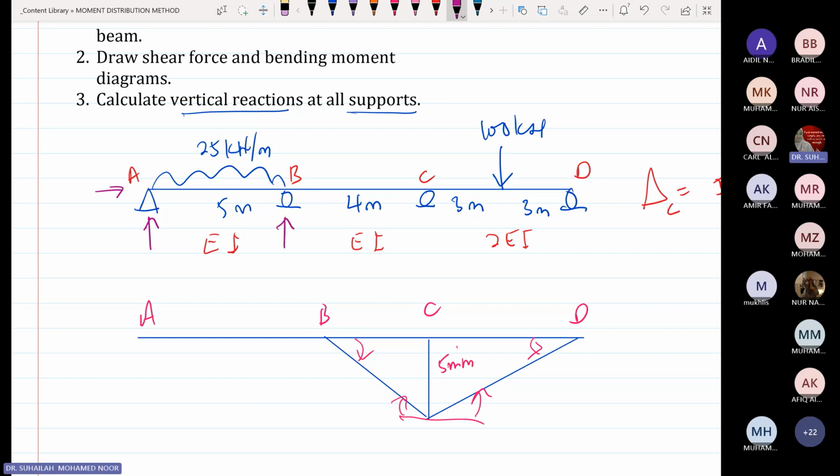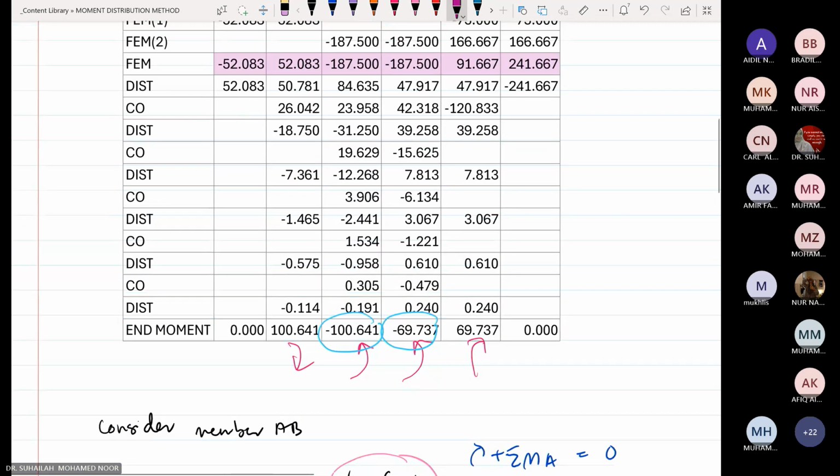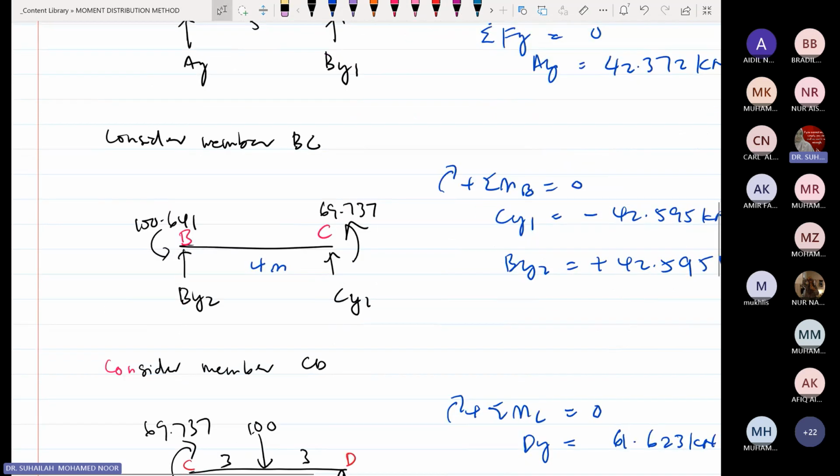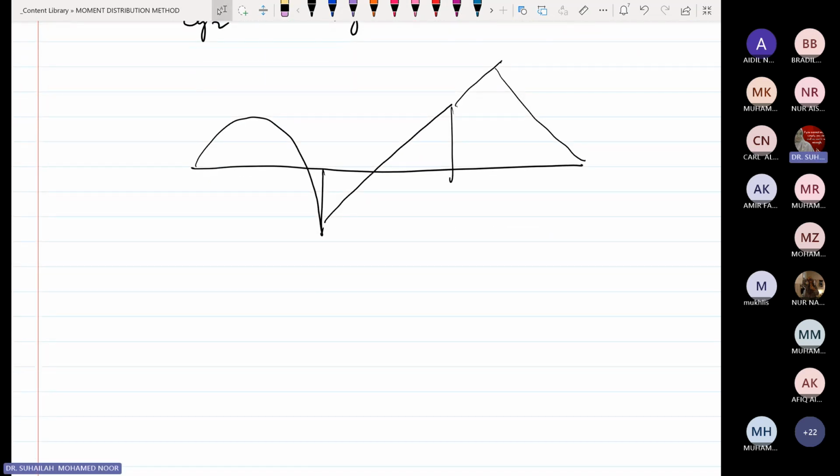Ada BY, ada CY, ada DY. AY, BY, CY, DY. So vertical reaction at all support, calculation dia dah buat tadi. When we analyse member by member, dah ada tadi. Okay, cuma kena tulis lah.